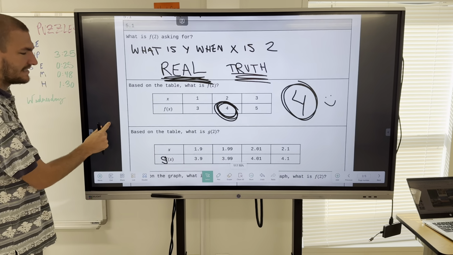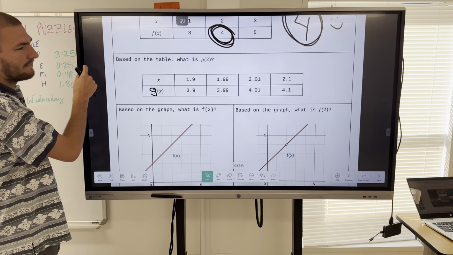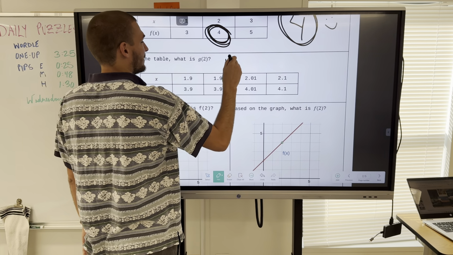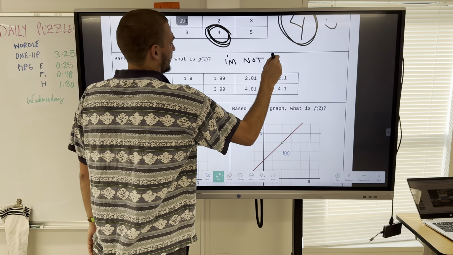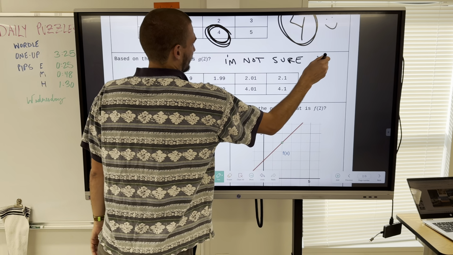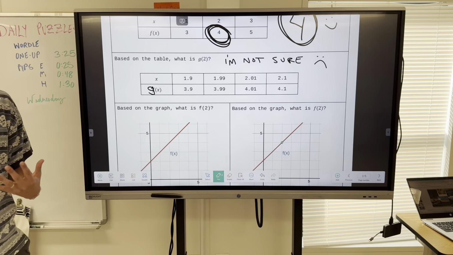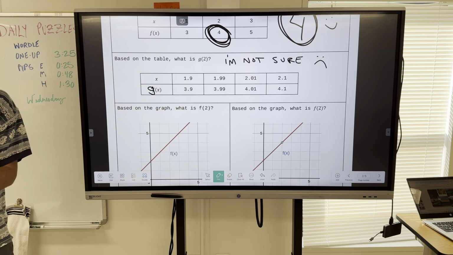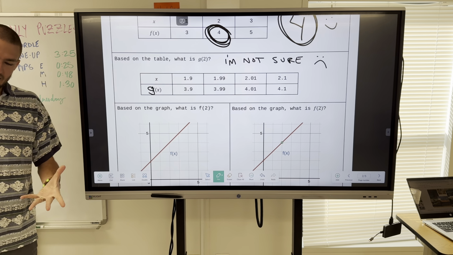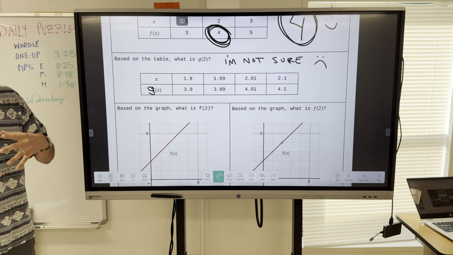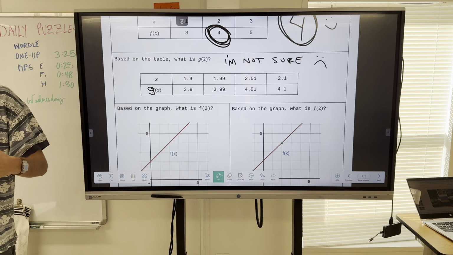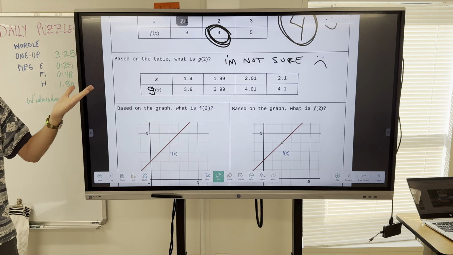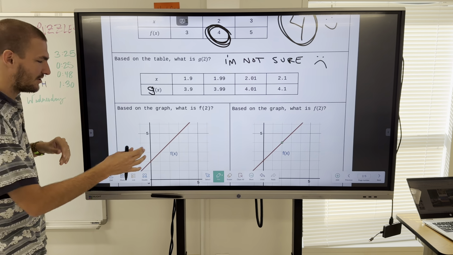But for this second question here, talking about g, as far as we're concerned, I'm not sure. We can't say that g of 2 is 4 because g of 2 is reality, it's the truth, it's the real world, and we just don't quite know. Well, what kind of math are we doing when it's this easy and it doesn't really quite make sense? So let's look at it here.